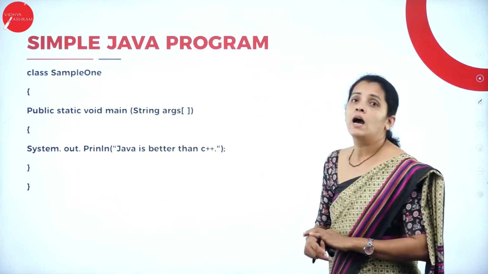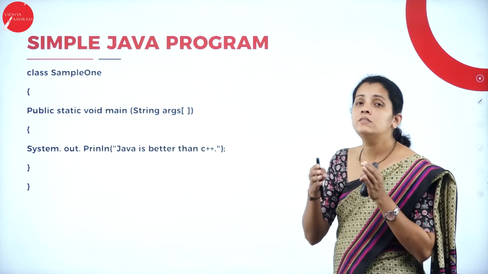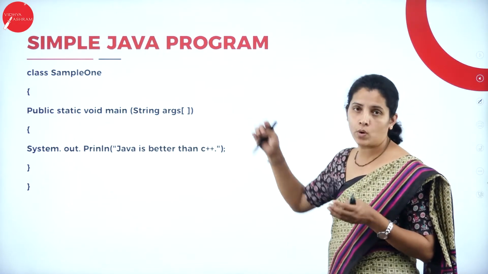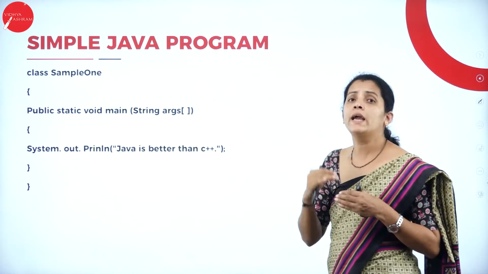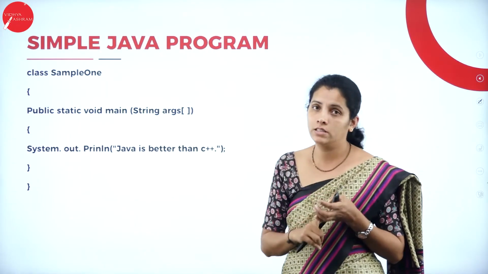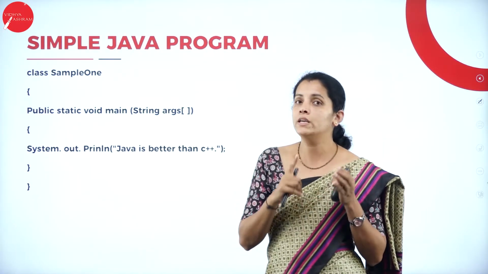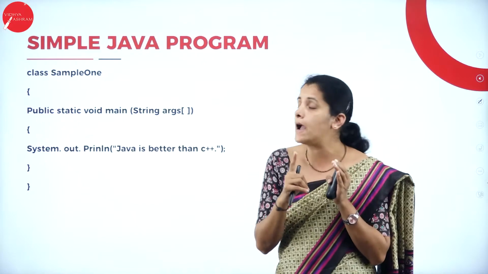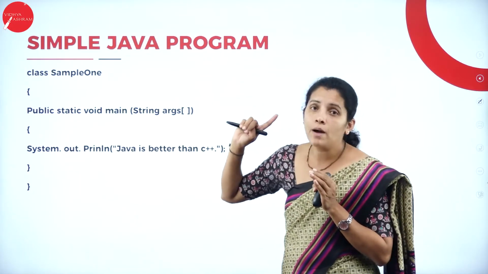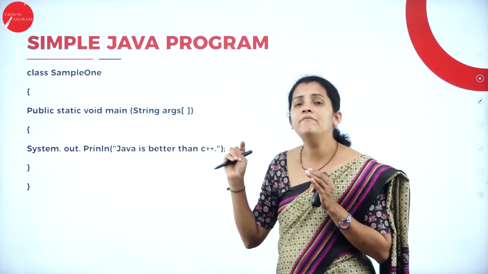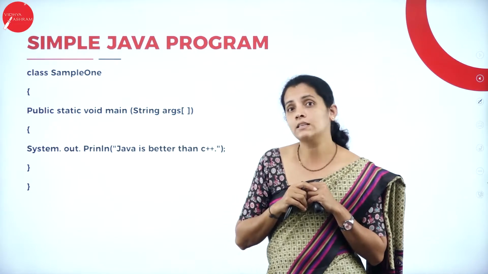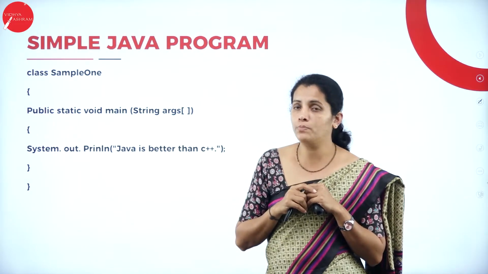Moving further, I'm going to have a simple Java program. That means how can I write my first Java program? So dear student, just remember that in the Java programming language, everything is treated as classes as well as objects.